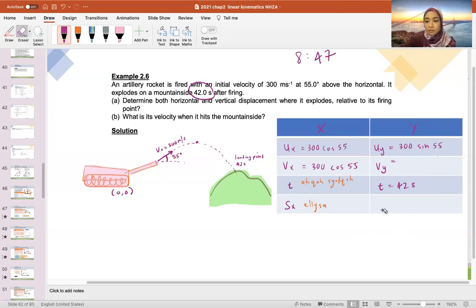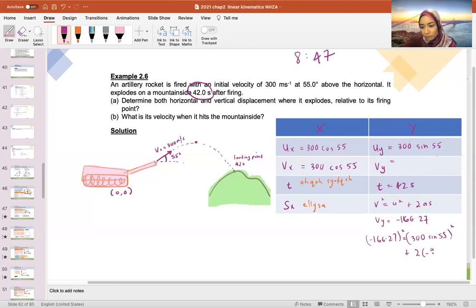What did you put as v? I put VY. I got negative 166.27. Then minus the square of u, 300 sin 55, plus 2as, where a is negative 9.81 and s is what we want to find. So I got a big number, doctor. I got 1668.97. Okay, I don't know whether it's right. We'll see. Okay, thank you, doctor.